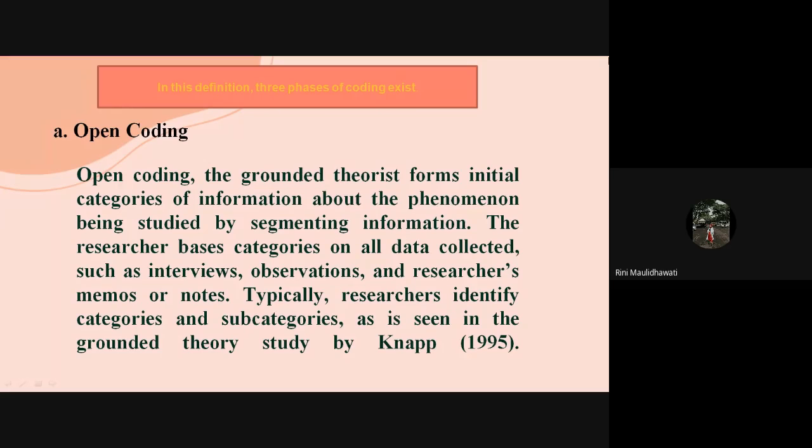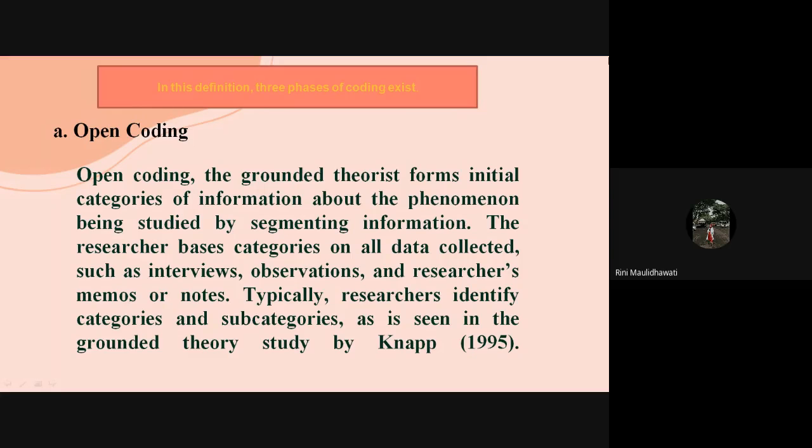In this design, three phases of coding exist. The first, part A, is open coding. In open coding, the grounded theorist forms initial categories of information about the phenomenon being studied by segmenting information.